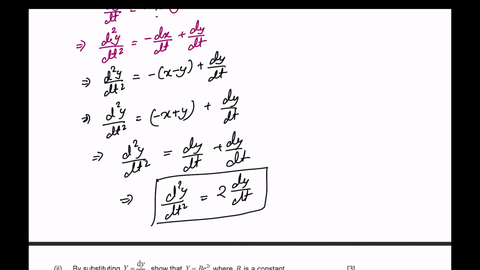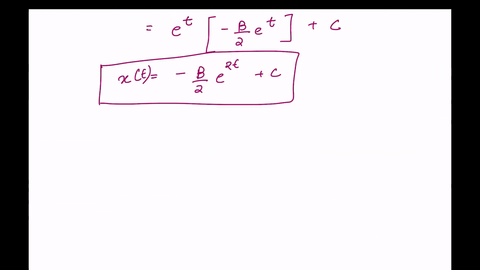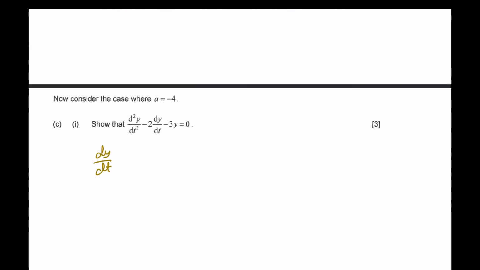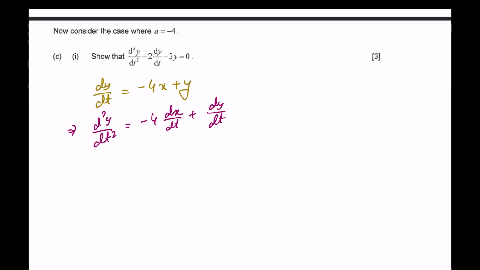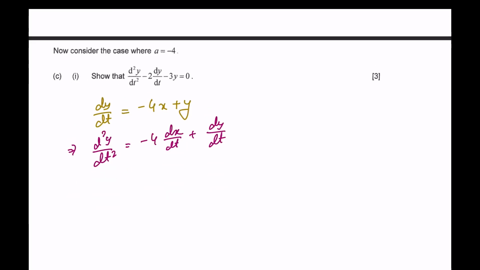So dy by dt will be equal to minus 4x plus y. I've just replaced a with minus 4 here. Let's find d2y by dt square. Minus 4 dx by dt plus dy by dt. Now we know the value of dx by dt.